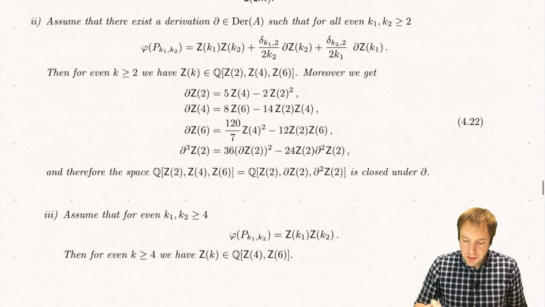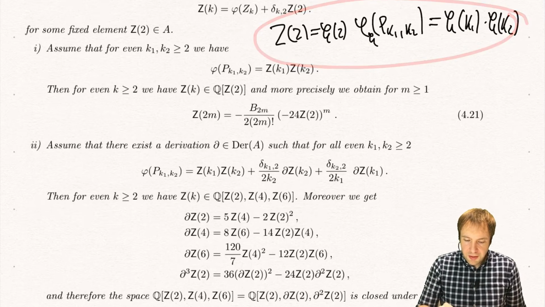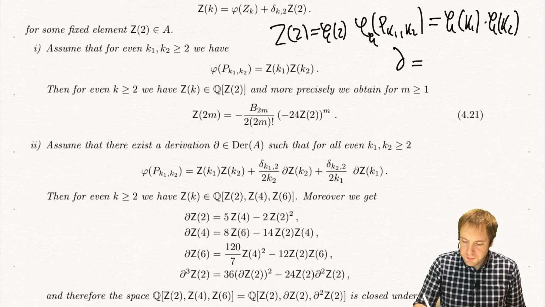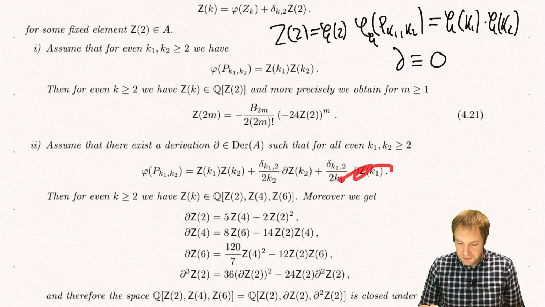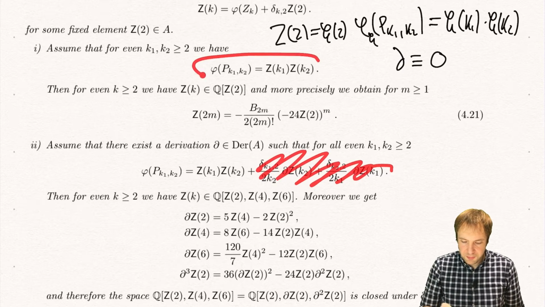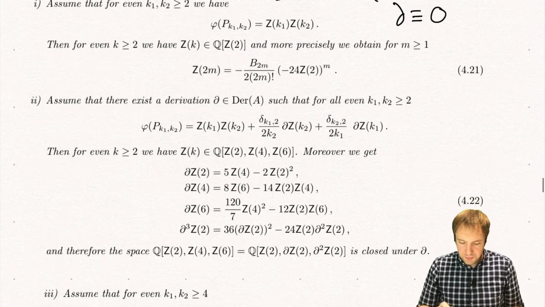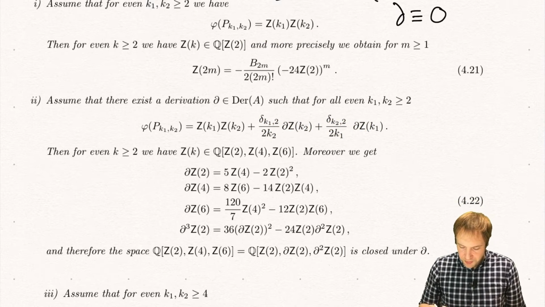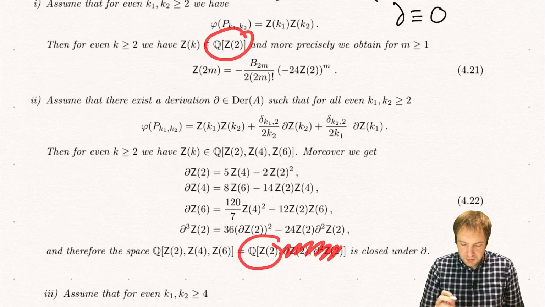And this condition is actually also satisfied by the zeta realization, by taking the derivation to be just the zero map, because then these parts vanish, and then we have this condition here. And then everything here is zero, and we get the same statement as before.